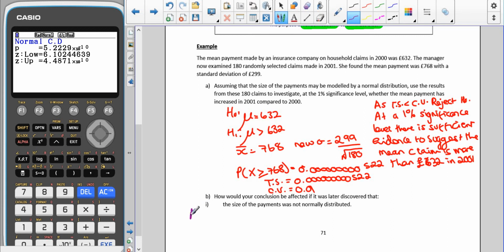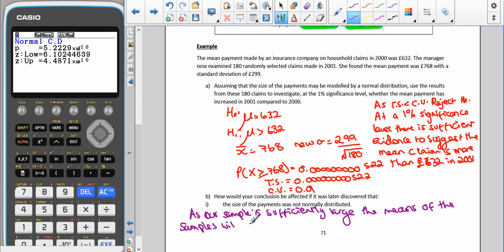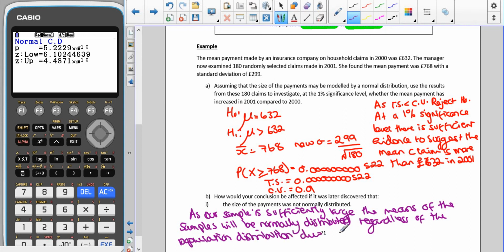Well, as our sample is sufficiently large, the means of the samples will be normally distributed regardless of the population distribution, and this is due to central limit theorem.